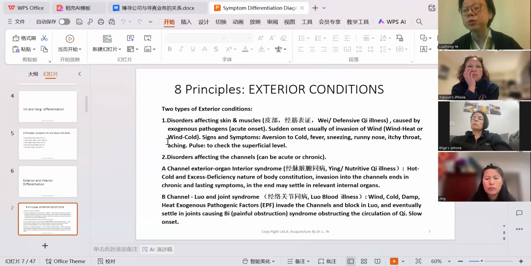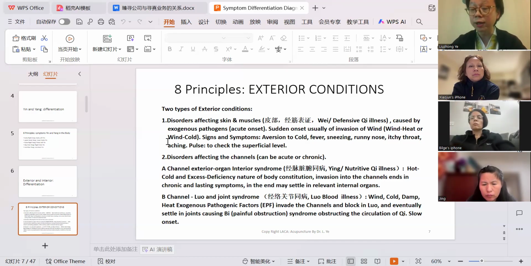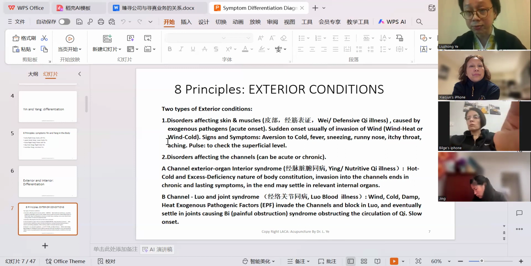If you presume this is wind and cold, that's fine. But how can we stop it progressing? From a precision diagnosis viewpoint, we need to find out which meridian is being affected. Then we can give the right formula or the right points and needles to make the body respond immediately.